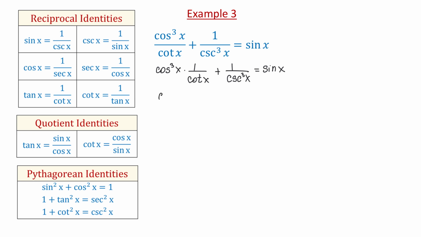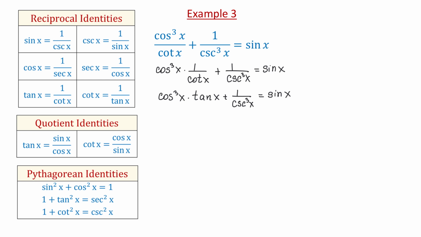So we will have cosine cubed of x times tangent of x plus 1 over cosecant cubed of x equals sine of x. Next, I will rewrite all the functions in terms of sines and cosines.